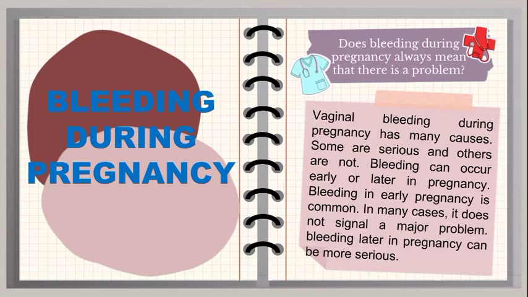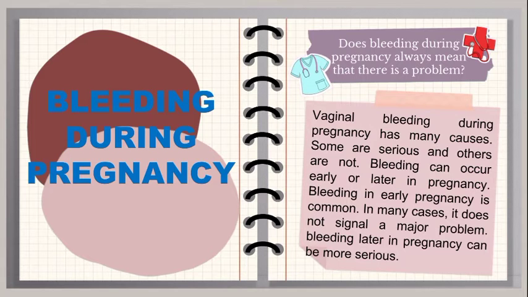Sometimes, bleeding or spotting in early pregnancy is a sign of a serious problem, like a miscarriage. Almost all women who miscarry have bleeding or spotting before the miscarriage.